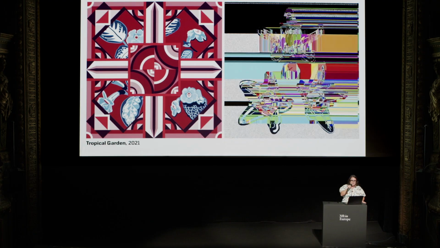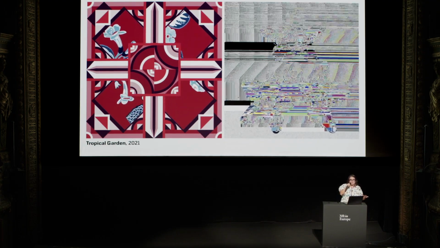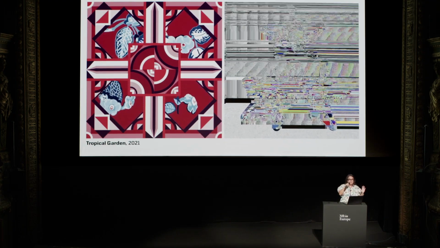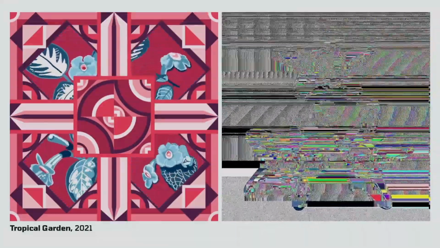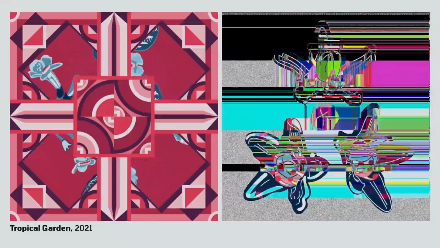These interests often lead me to animated visual patterns, whose loops I try to resemble the rapport of a fabric, infinitely chained over time. So this is an NFT series called Tropical Garden, and it explored the relationship between Brazilian flora and geometry.